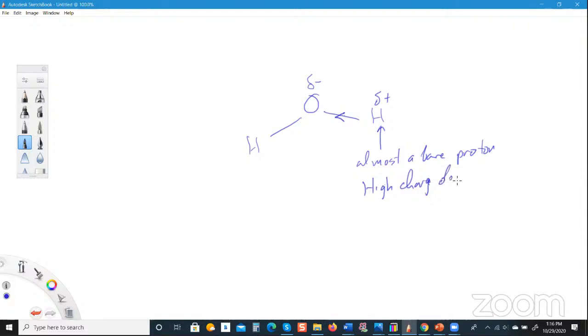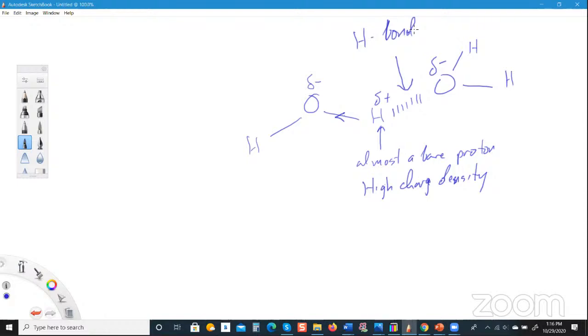Therefore, this will be attracted very strongly to an oxygen from another water molecule, which is partially negative. That strong attraction is what we call the hydrogen bond.